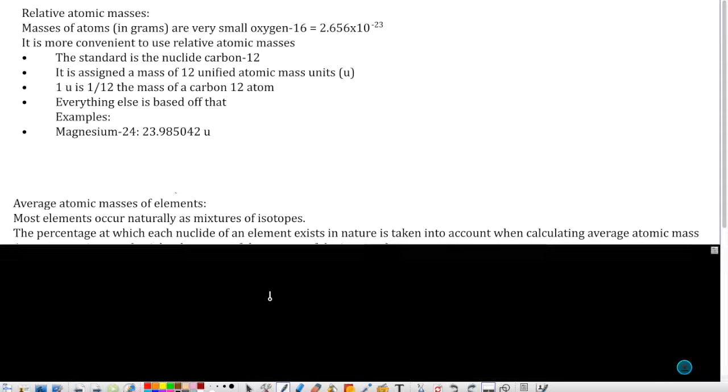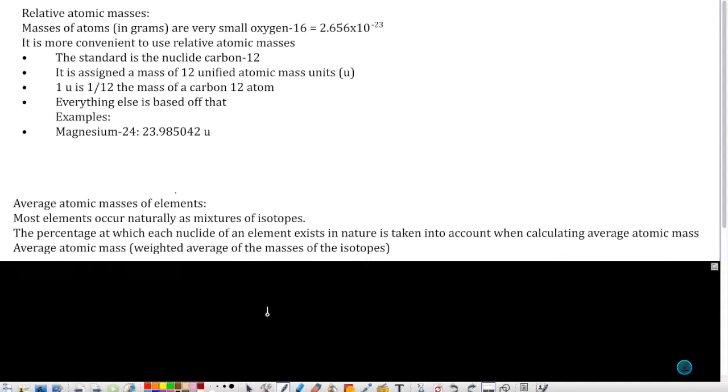So the percentage at which each nuclide of an element exists in nature is taken into account when calculating the average atomic mass of an element. Average atomic mass is just the weighted average of the masses of the isotopes.